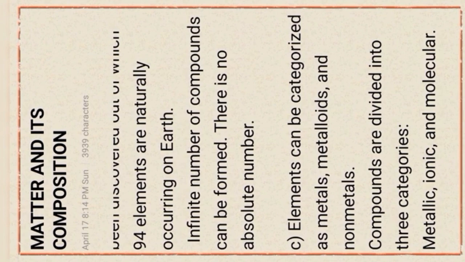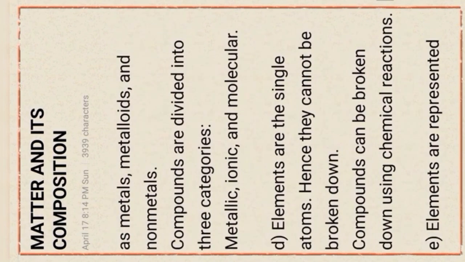Next part, C. Elements can be categorised as metals, metalloids, and non-metals, but compounds are divided into three categories: metallic, ionic, and molecular. Next part, D. Elements are single atoms, hence they cannot be broken down.